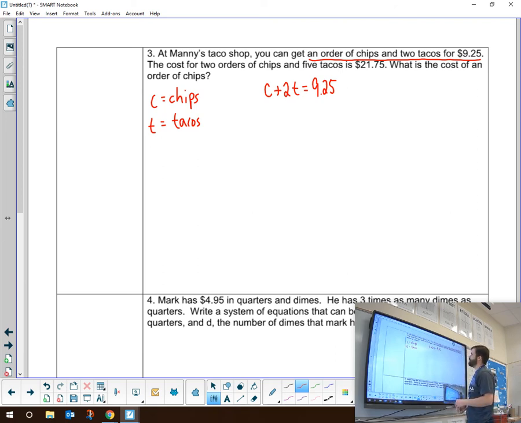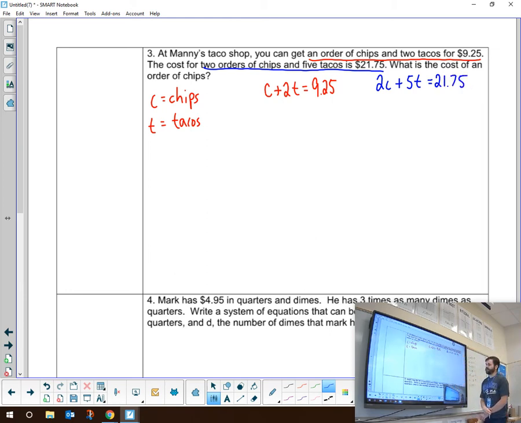Let's see. The cost of 2 orders of chips and 5 tacos is $21.75. So 2 orders of chips and 5 tacos is $21.75. We can write that out too. 2 orders of chips and 5 tacos is $21.75.